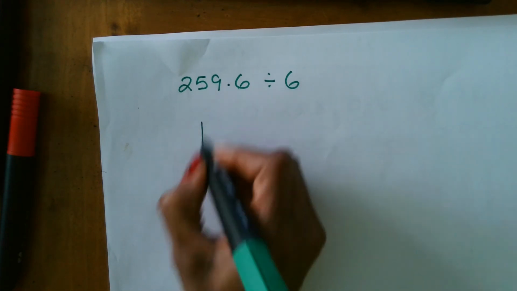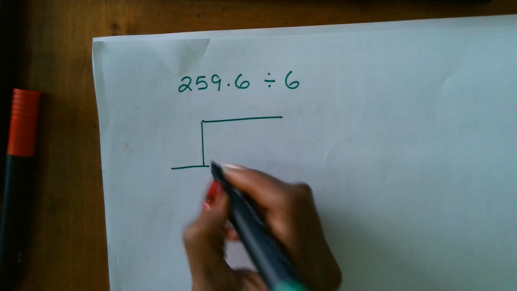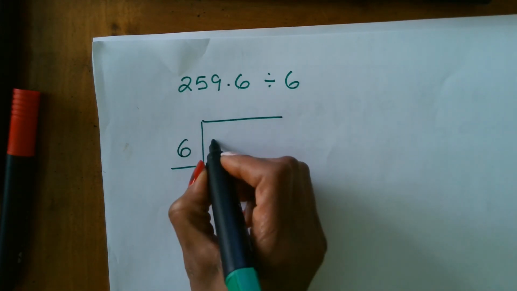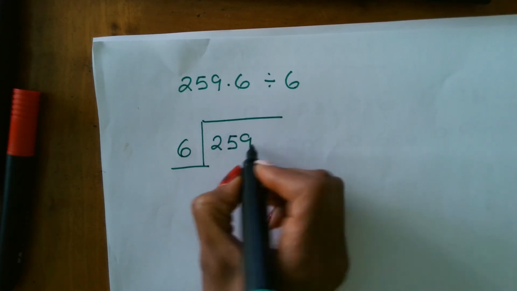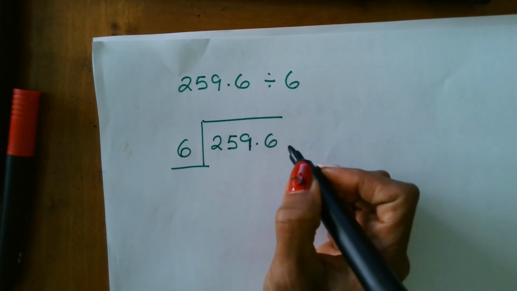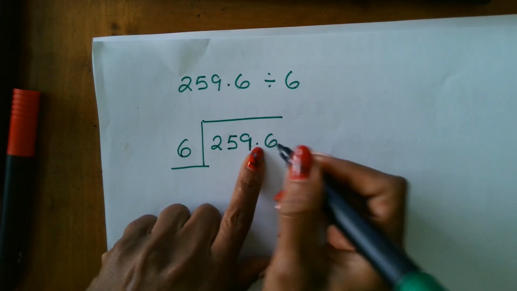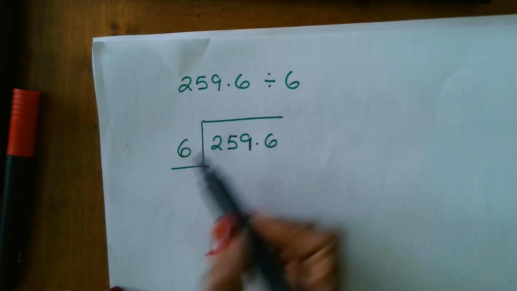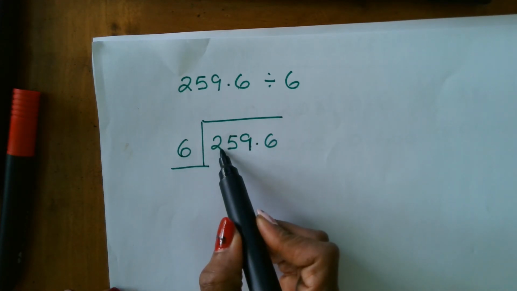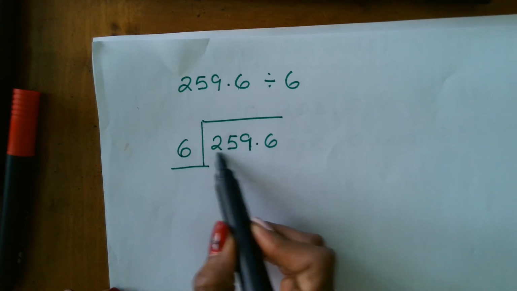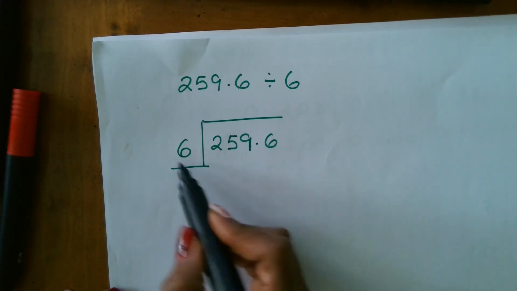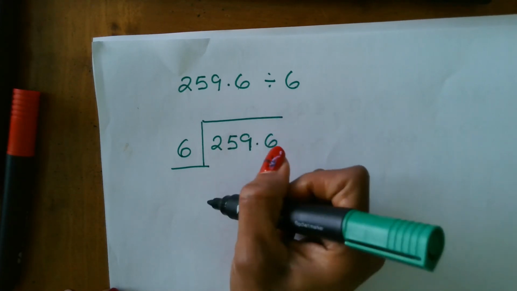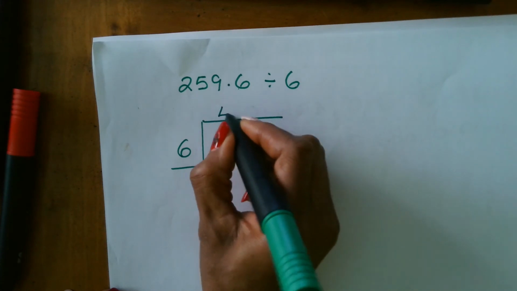So I'm going to use the long division method to do this. So this one comes in here and then this is here. I'm also going to leave this decimal here because once I get here, I'm going to put the decimal. So 6 cannot go into 2, but it can go into 25. 6 going into 25 will give me 4.